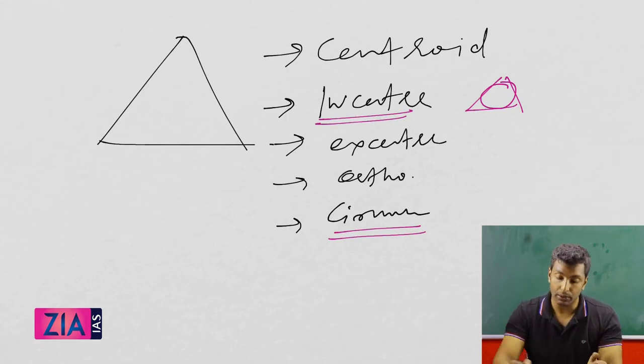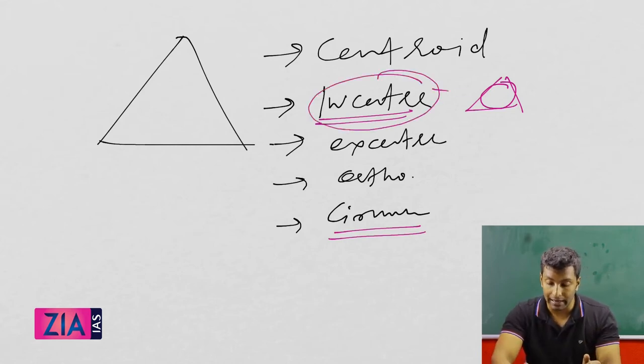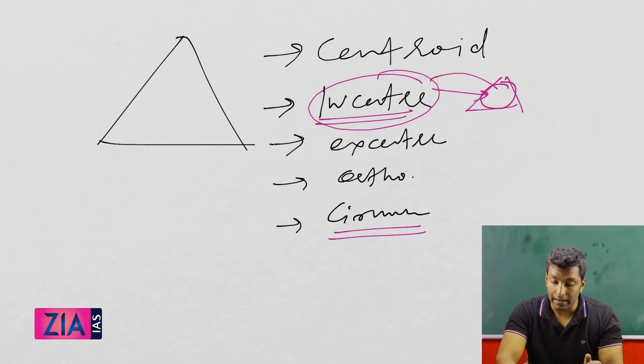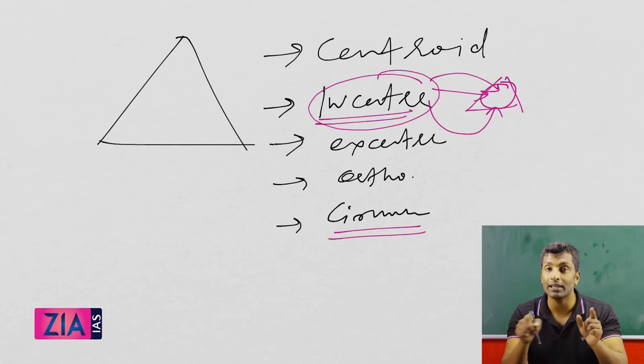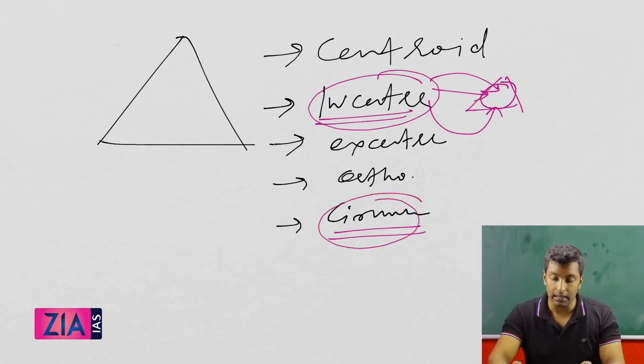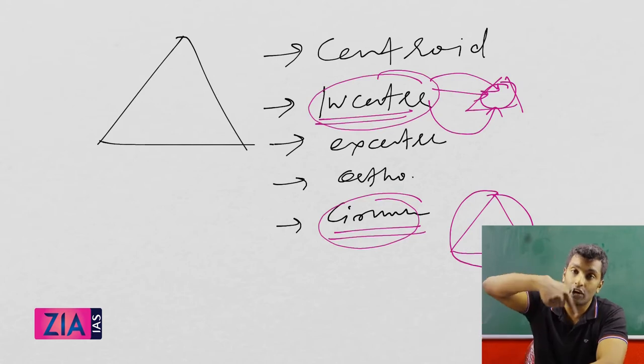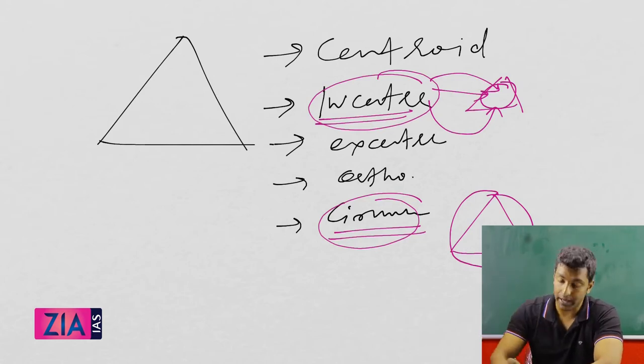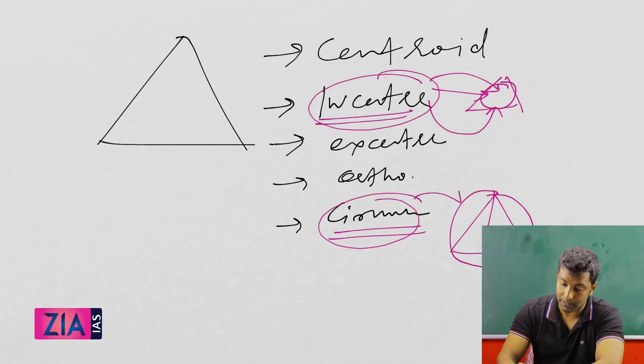So that is what the incenter is. We will talk about the incircle, the inradius, and these 3 sides being tangent to the circle. When we talk about the circumcenter, this is nothing but the circle which is touching all the vertices of the triangle. So we will talk about the circumcircle and the circumradius also.